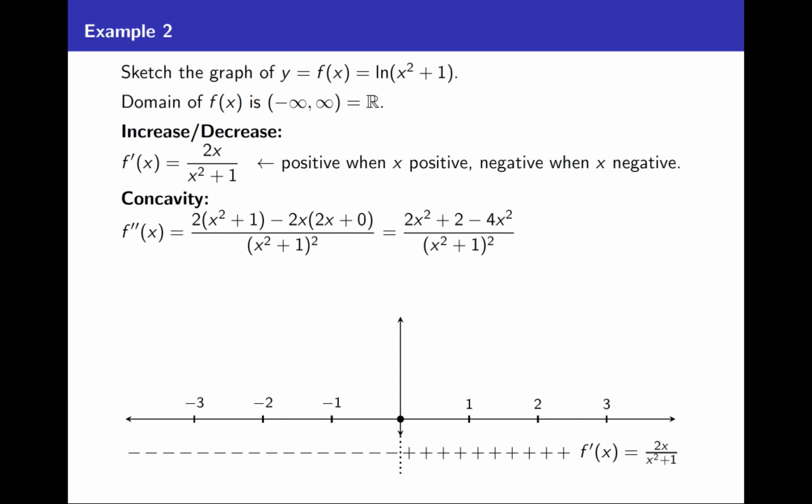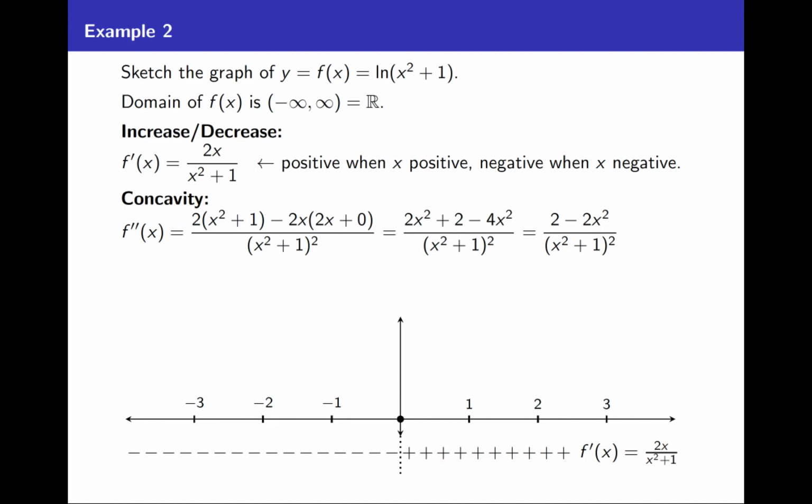So we better simplify that. Let's distribute the 2 into the parentheses. And then here, the minus 2x times 2x is a minus 4x squared. And we get some like terms here. The 2x squared minus 4x squared is minus 2x squared. So there's some simplification there. Now, remember, we want to find out where f prime prime is positive and where it's negative.